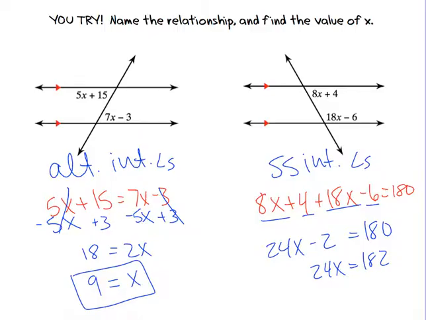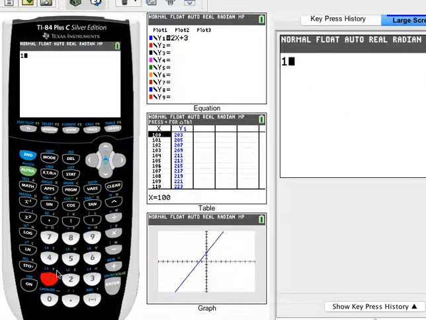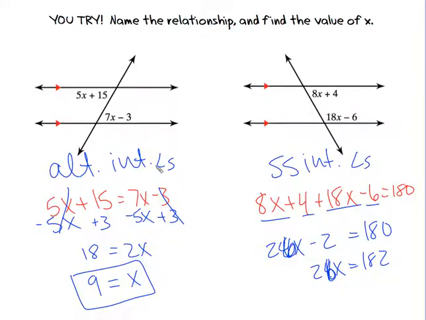Oh no, sorry, did that one too fast. 18 plus 8 is 26. So we're doing 26x equals 182, or 182 divided by 26. Sorry. 7.